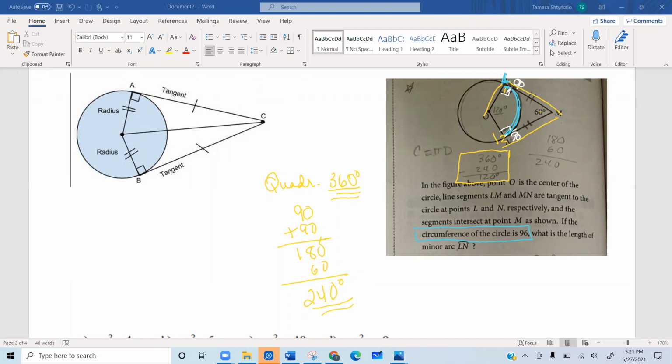So now what we're going to do is we're going to say, I know that this is 120 degrees, and I know that a circle, and I hope you do know that too, has 360 degrees also. So does a quadrilateral, they both do.